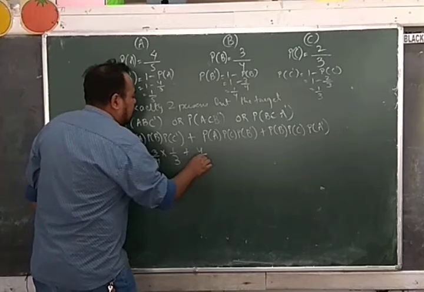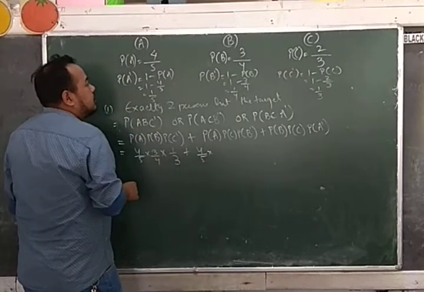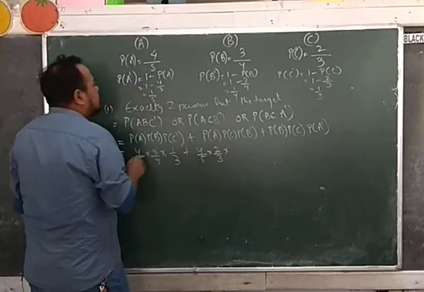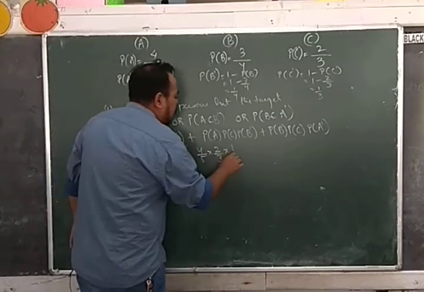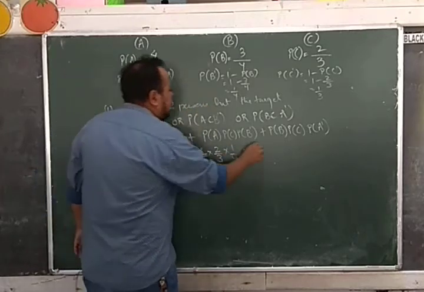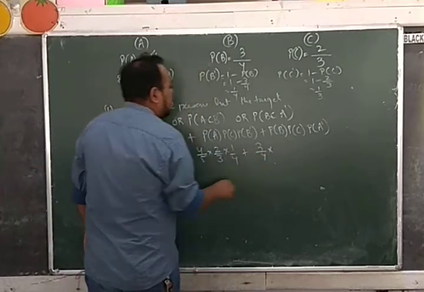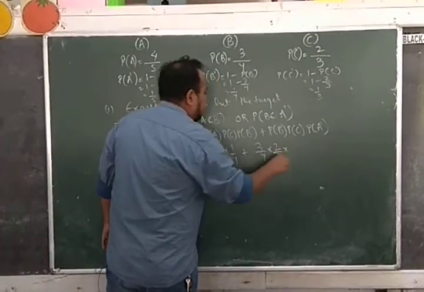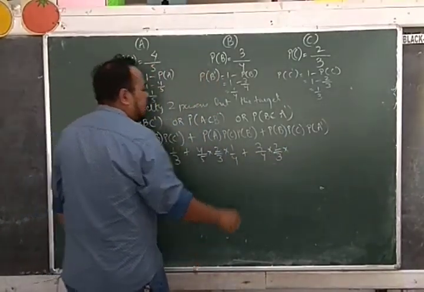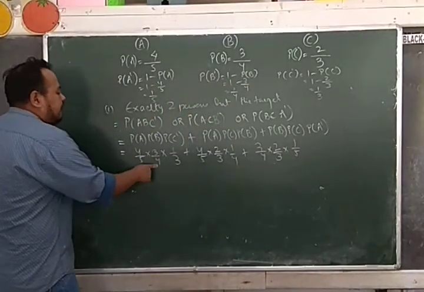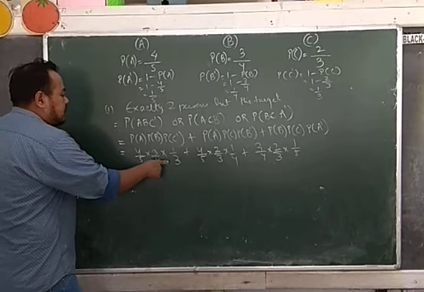Probability of A again, 4 by 5, into probability of C, which is 2 by 3, into probability of B dash, which is 1 by 4, plus probability of B, 3 by 4, into probability of C, 2 by 3, and finally probability of A dash is 1 by 5. So what is the LCM? 5 fours are 20, 20 into 3 is 60.